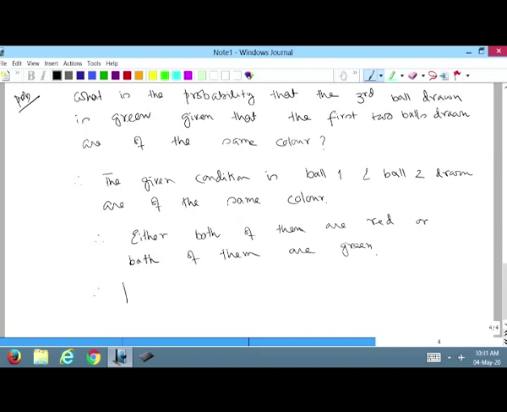That is, probability of G3 given R1 R2 plus probability of G3 given G1 G2, and perhaps you can easily understand what this notation is. R1 is the first ball drawn is red, R2 is the second ball drawn is red, and similarly G3, G1, G2 correspond to green color.